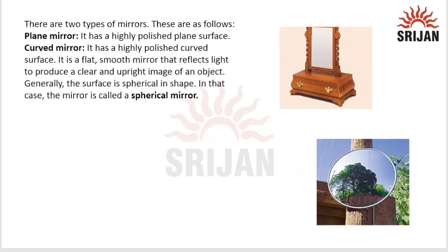Now let us come to the types of mirrors. Basically two types of mirrors are there. The plane mirror that is shown in this image, and the second one is the curved mirror that is shown in this image. Both are highly polished surfaces. A plane mirror will be a highly polished plane surface and a curved mirror will be a highly polished curved surface.